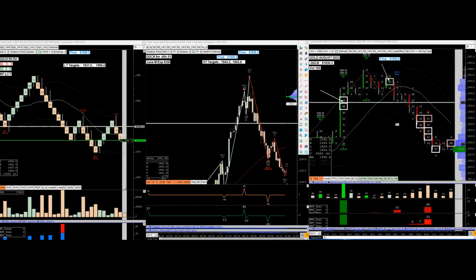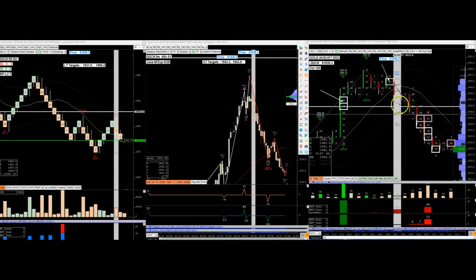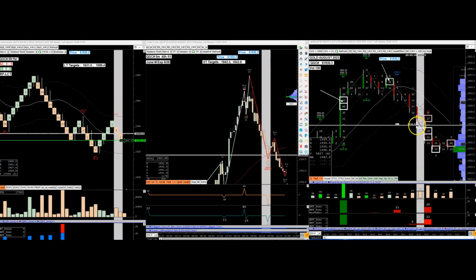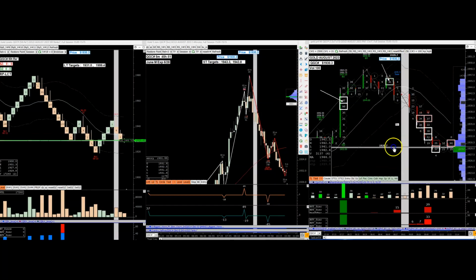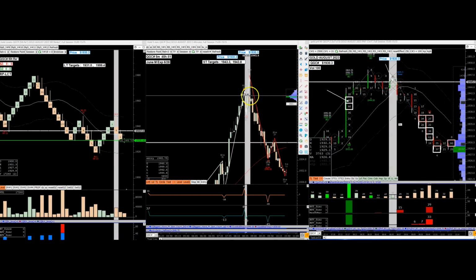When you trade with trend, there are fewer chances for shakeout. When you trade against trend, you'll get more shakeouts. That's what I'm observing again and again. So all right, this was the distribution and all the other stuff.